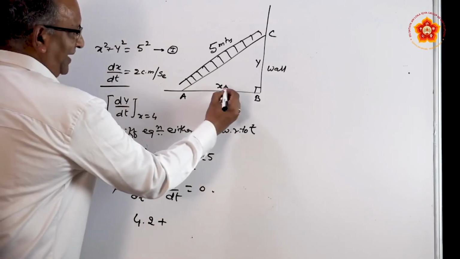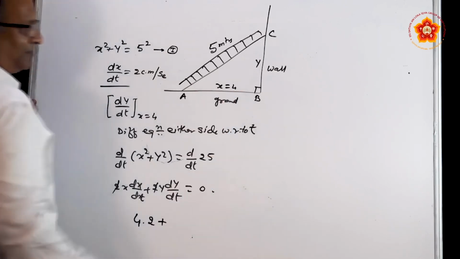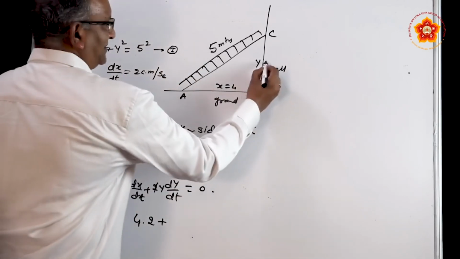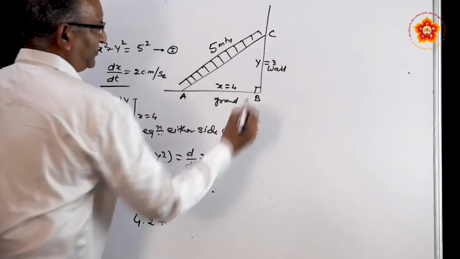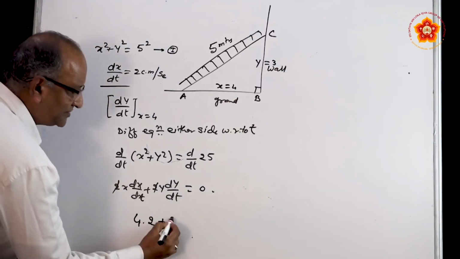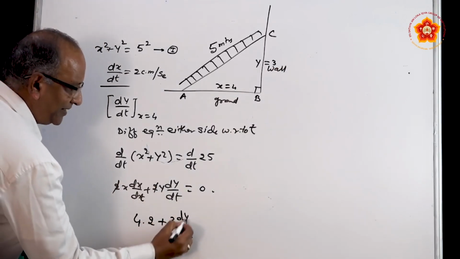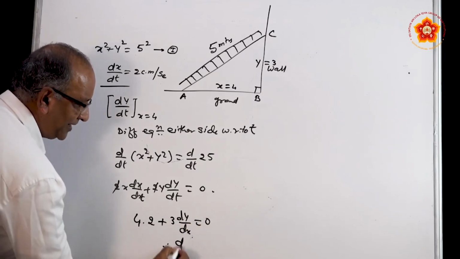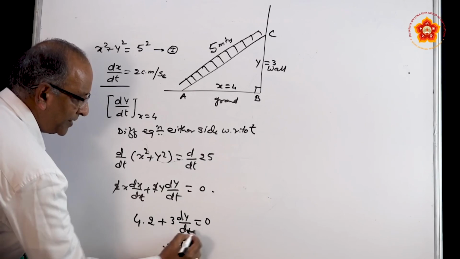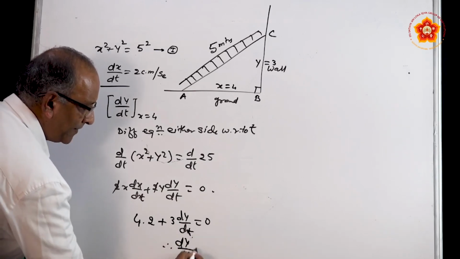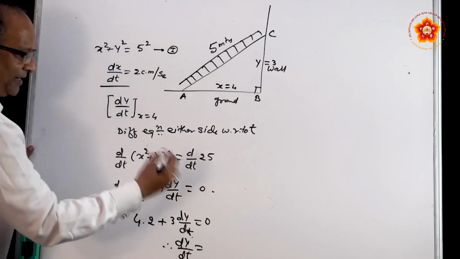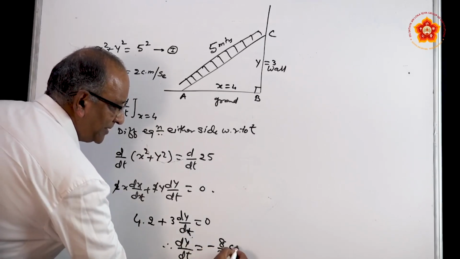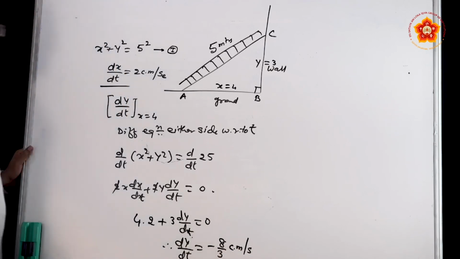He has given that x is equal to 4. If x is 4, hypotenuse is 5, we can say that the perpendicular will be 3. So, y value is 3, dy by dt equal to 0, hence dy by dt is equal to, take 4 into 2 to the other side, you will get minus 8 by 3 centimeter per second.